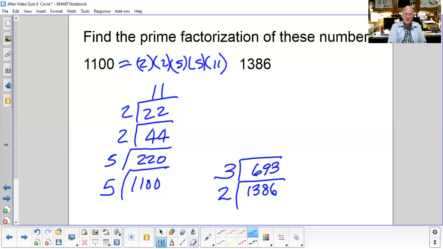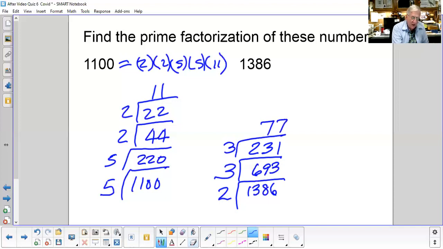So if I divide this by 3, I get 231. Gosh, is 231 prime or is it composite? Guess what? Add 2, 3, and 1 together, you get 6. 6 is divisible by 3. So guess what? 231 is divisible by 3.